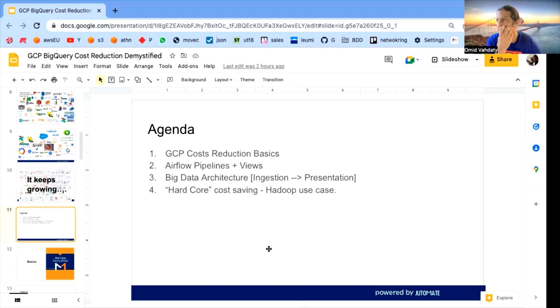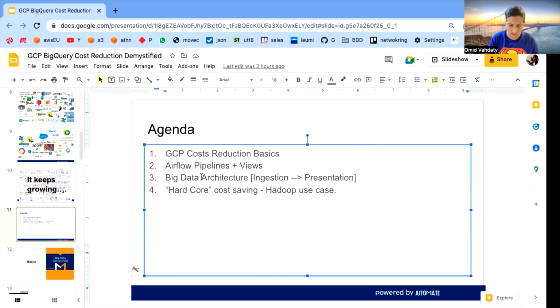So the agenda for today is to talk about GCP BigQuery cost reduction basics to get a sense of this database, of how you can use it without having to worry about cost reduction too much, because you understand the cost mechanism and what you're billed for.